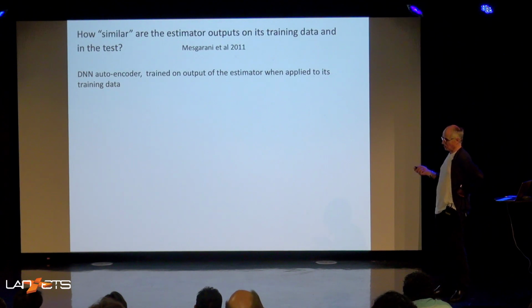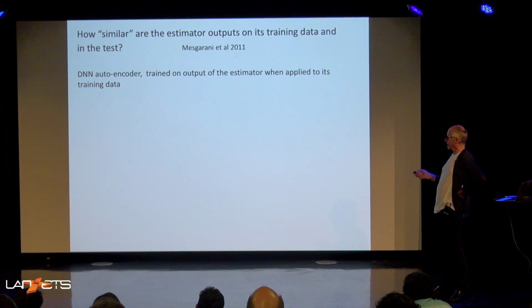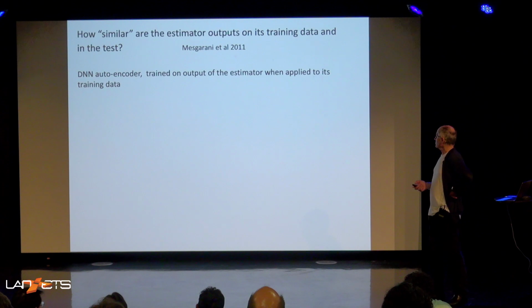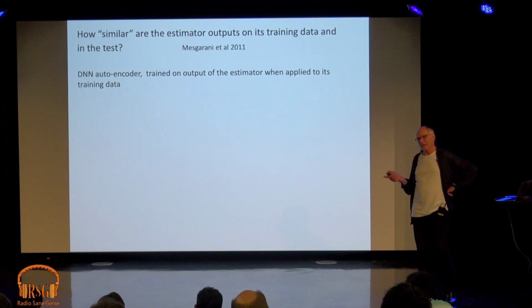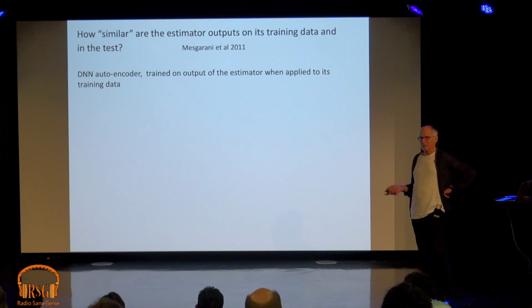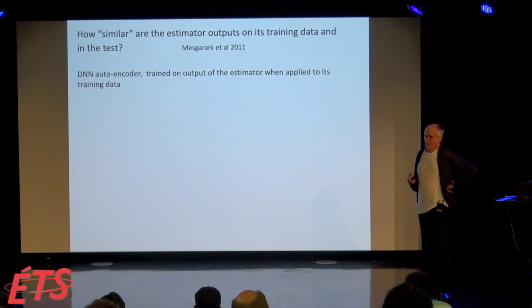Another technique, which was initiated when Imam Esgarani was in our lab as a postdoc, is this. You ask yourself, I don't know what people are saying, but on average the output should be somehow similar. I have training data, and I know my classifier is working as well as possible on its training data, so I have some gold standard.